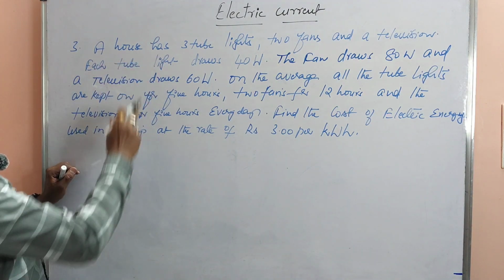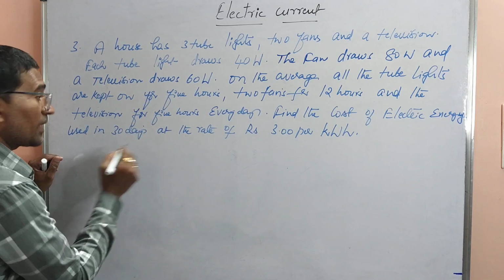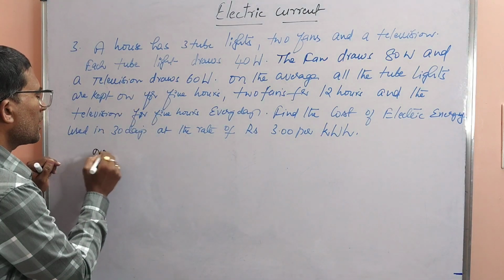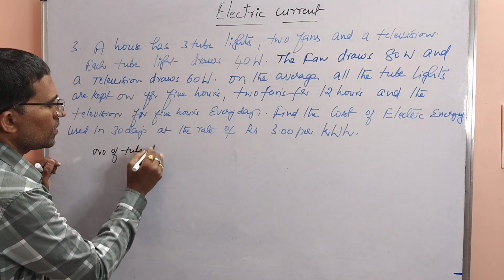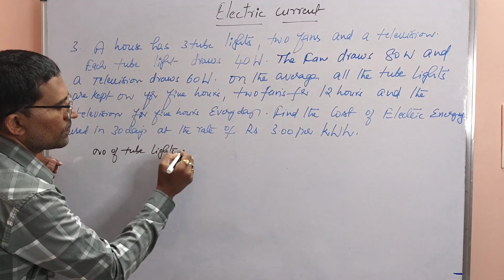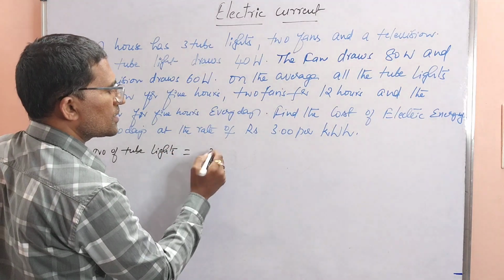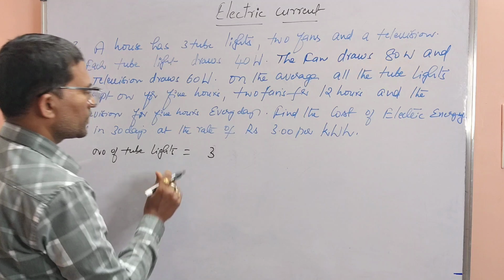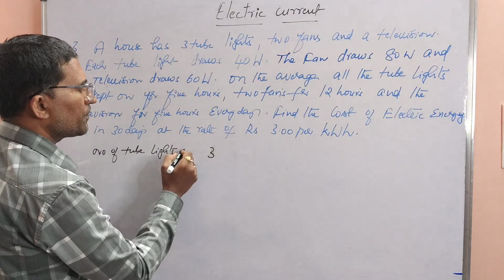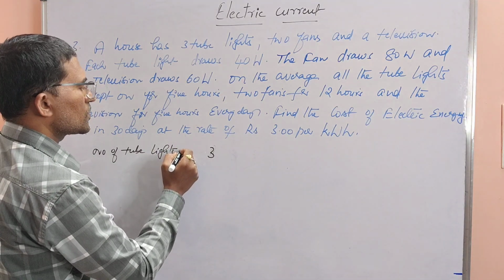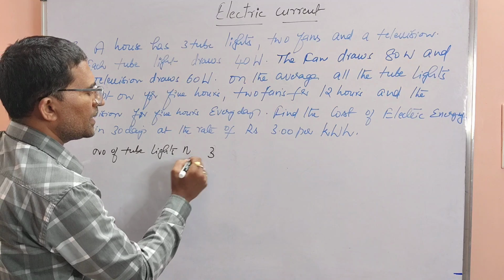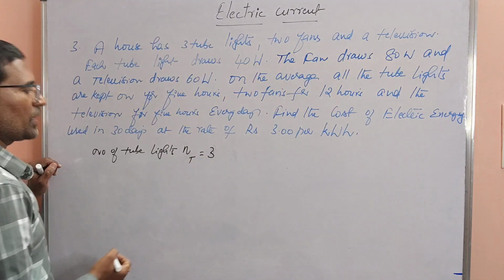Okay, the house has 3 tube lights. Now I will write all the steps. Number of tube lights is equal to how many? That is 3 tube lights. For your clear understanding, I will make it NT, number of tube lights, 3.